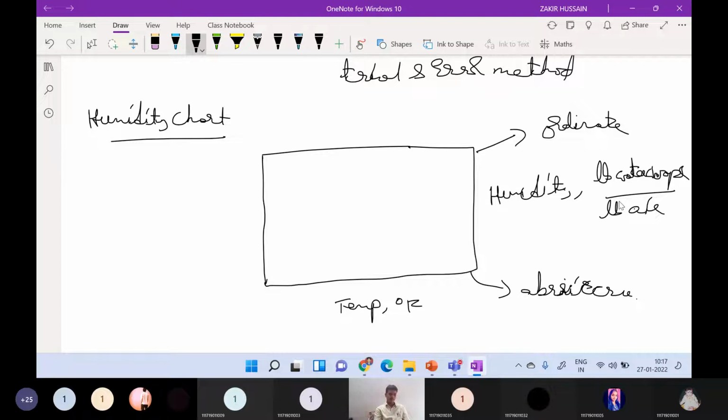For the air-water system, these are very convenient diagrams.